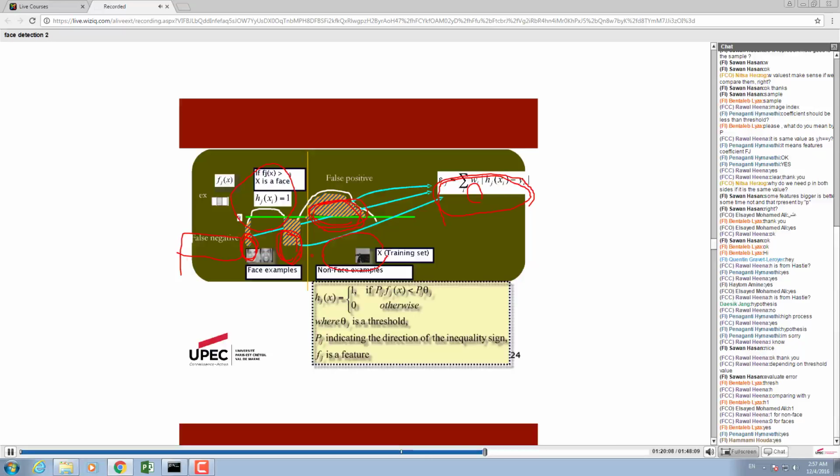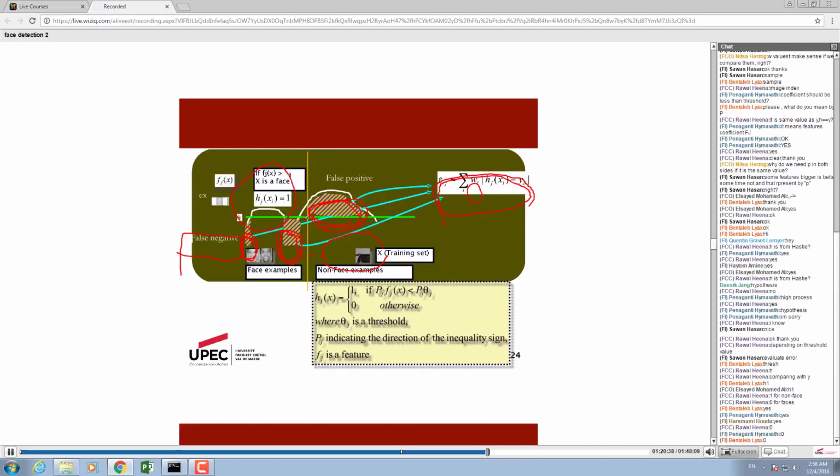So now we are calculating this error for one weak classifier, j. J is fixed. So we have the weak classifier hj. So hj(xi) means, for every xi, sample I, when I input that image to this weak classifier hj, what can be the result?